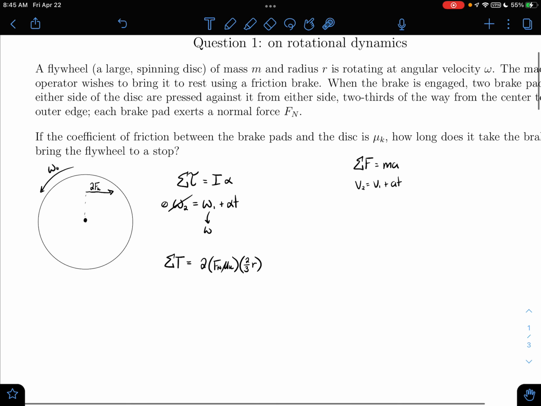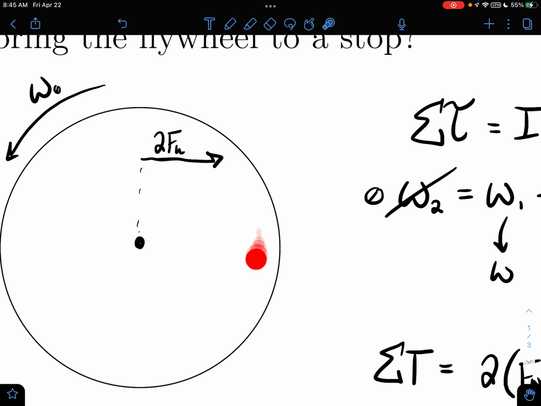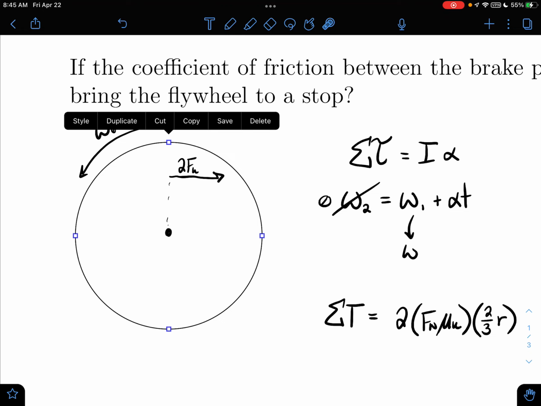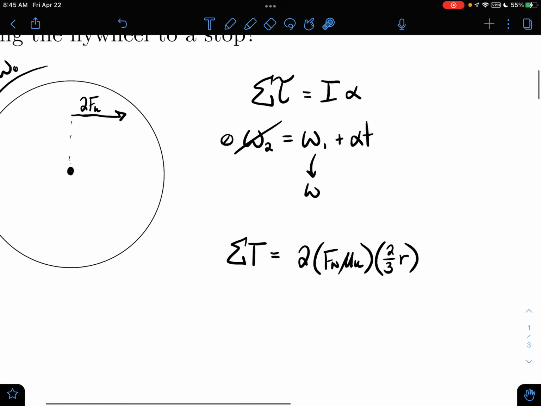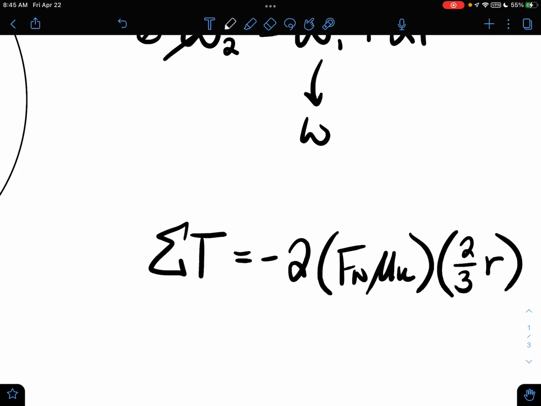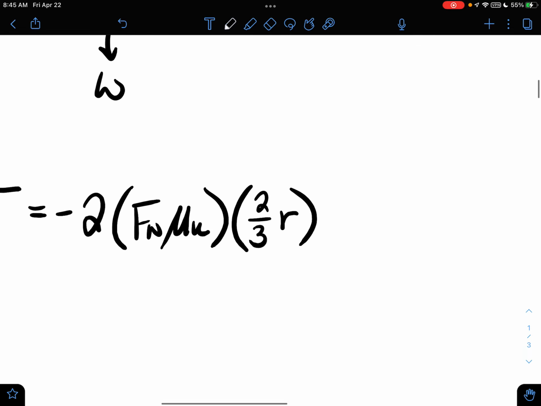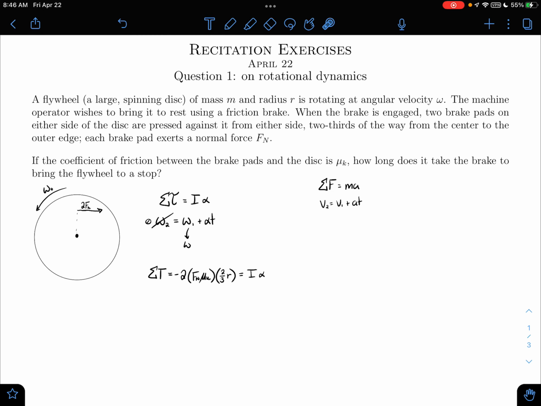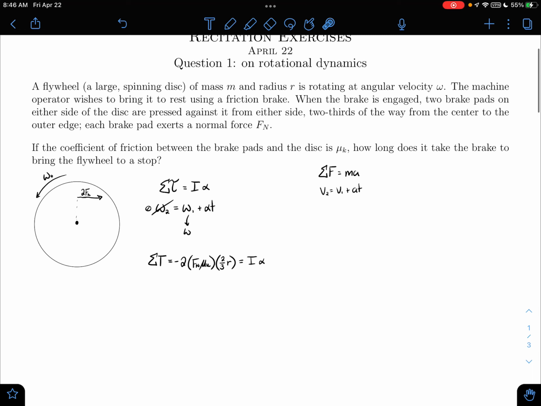And if I follow this arrow around, it will be causing a clockwise rotation, because we're going counterclockwise initially, and it's slowing us down, causing an alpha to be clockwise. It's going to be a negative torque. Okay? So here's our sum of torques equals I alpha. Well, we weren't told that I is a given variable in here, so let's break that up into parts as well.